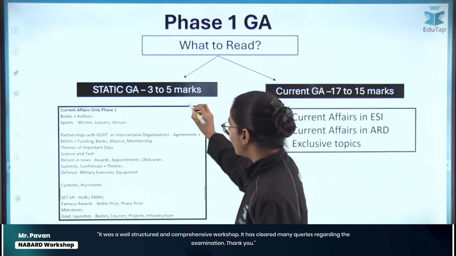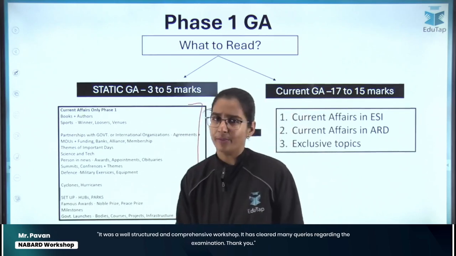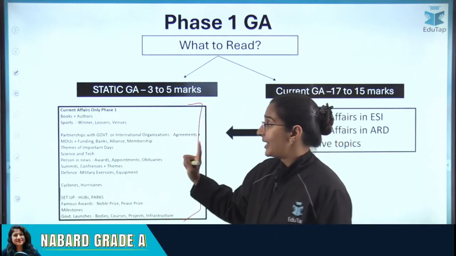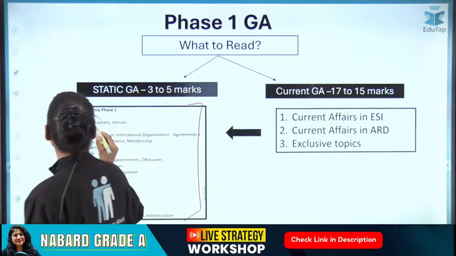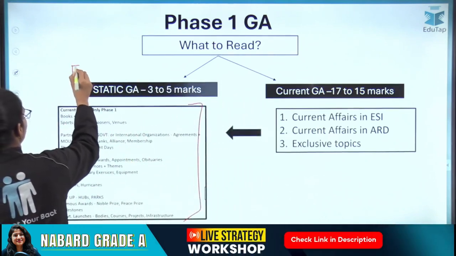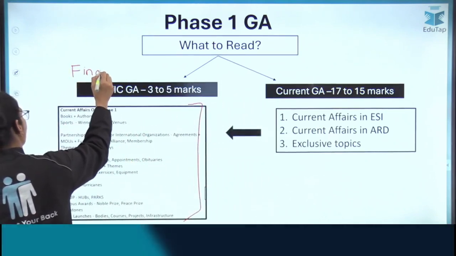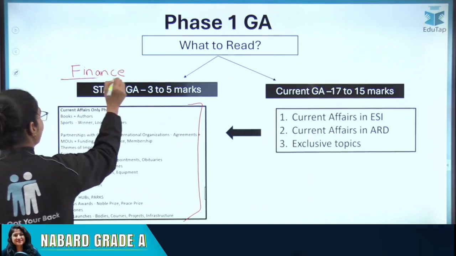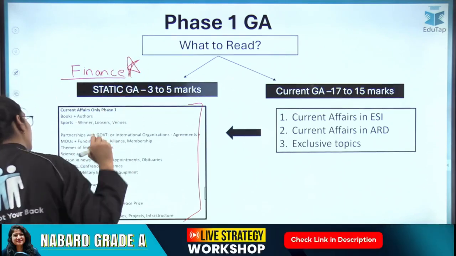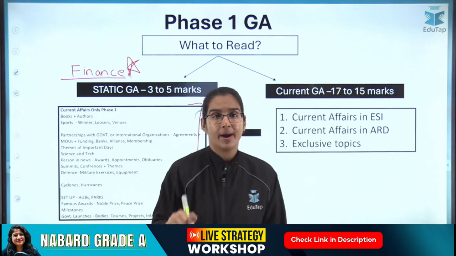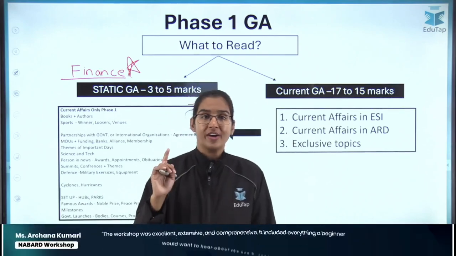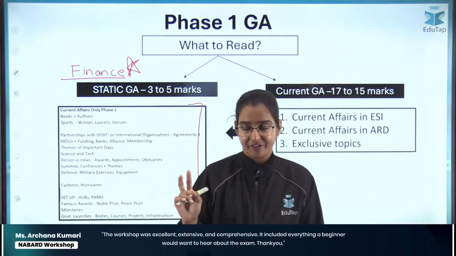See students, these are the topics. You can get the PDF and from there you can refer to these topics. But in addition to these topics, add one more very special topic, which is finance. As I have already told you, finance current affairs is something which you have to cover from now onwards as far as the NABARD Grade A examination is concerned. Both the finance static part and the finance current affairs part.